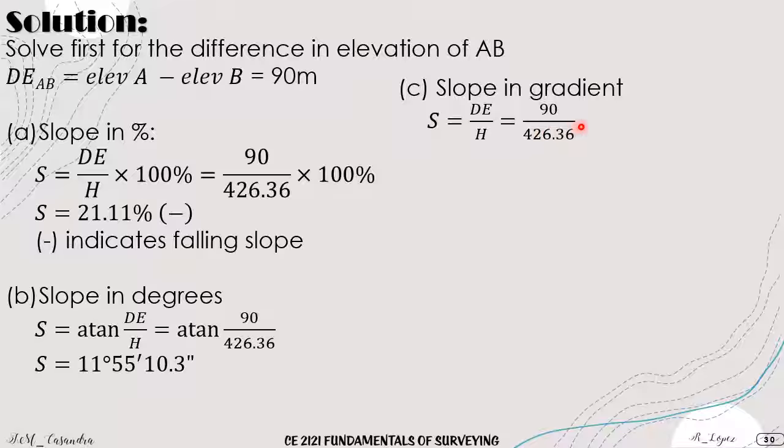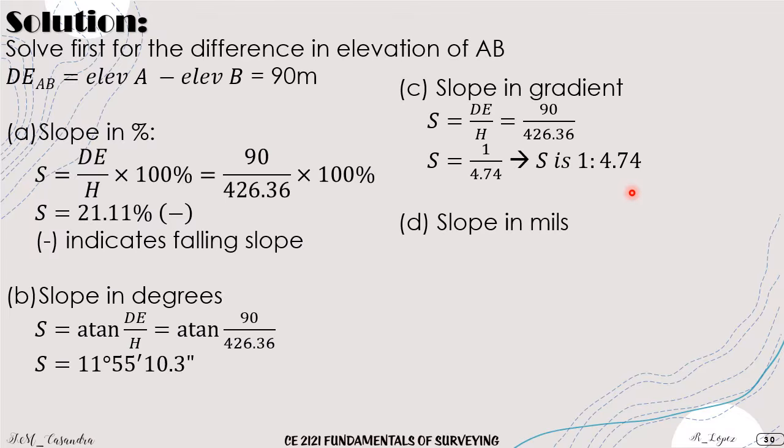So you divide both numerator and denominator by the value of the numerator in order to have 1 is to 4.47, or the slope now can be written as a fraction 1 over 4.74, or by ratio 1 is to 4.74.